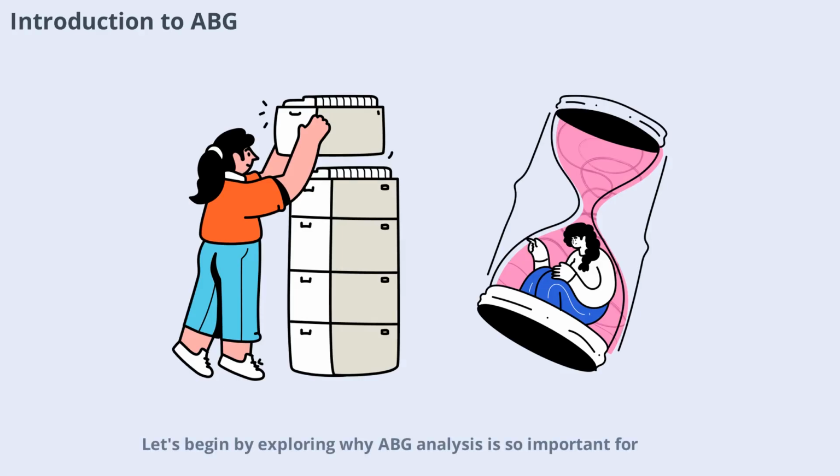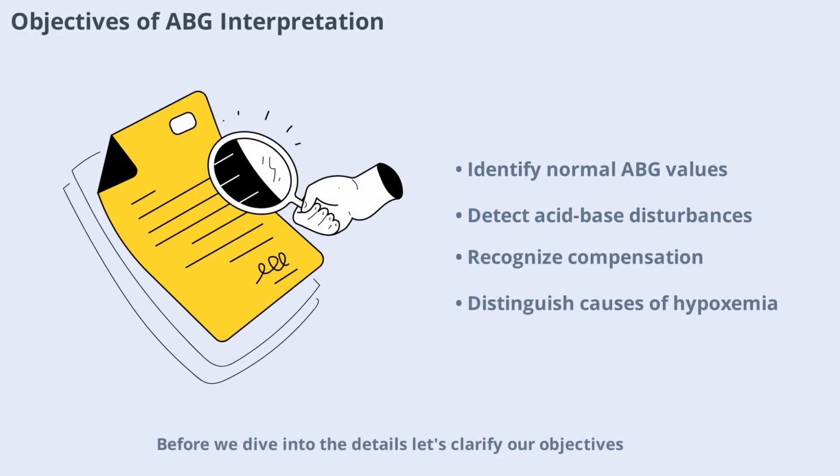scenarios. Let's begin by exploring why ABG analysis is so important for patient care and what information it provides about the body's physiology. Before we dive into the details, let's clarify our objectives.